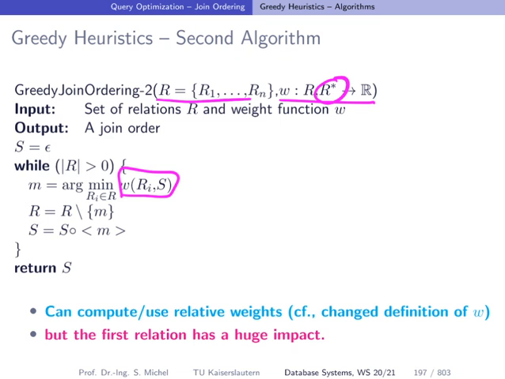And look, the difference here, the second parameter, is the so far already selected relations in our temporary output sequence S, right?